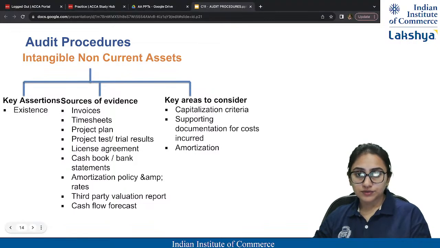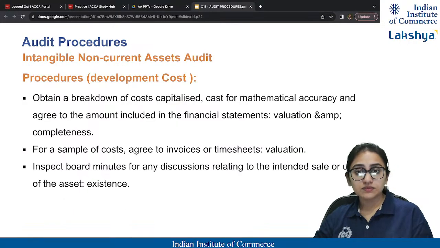So what are the audit procedures for that? For example, development cost. So first of all, you cannot see the development cost, but it is there. So first step is obtain a breakdown of cost capitalized, cast for mathematical accuracy, and agree to the amount included in the financial statement for valuation and completeness. So what you will do, you will break down the cost capitalized as development cost.